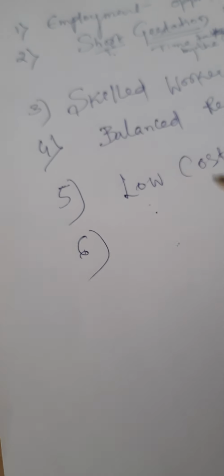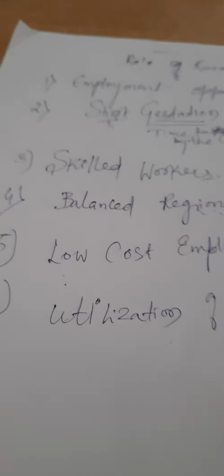Then the sixth point here is utilization of local resources. Since we don't have enough capital in rural industries, and since we don't utilize highly upgraded technologies, your money will be saved. You will be working with a limited budget.